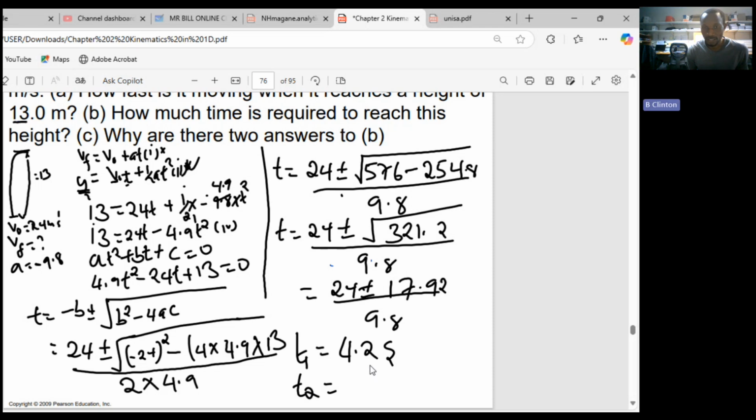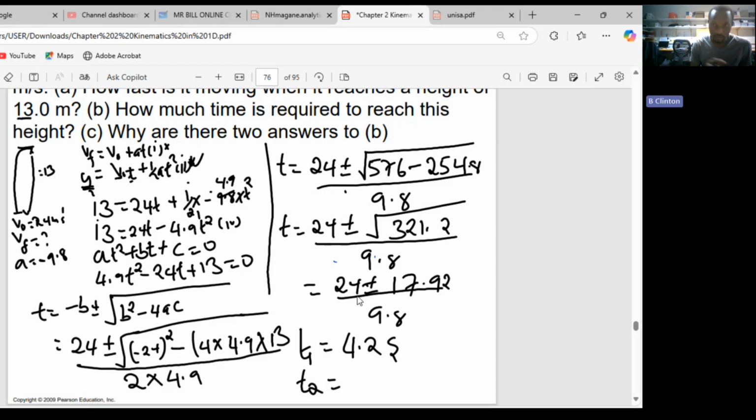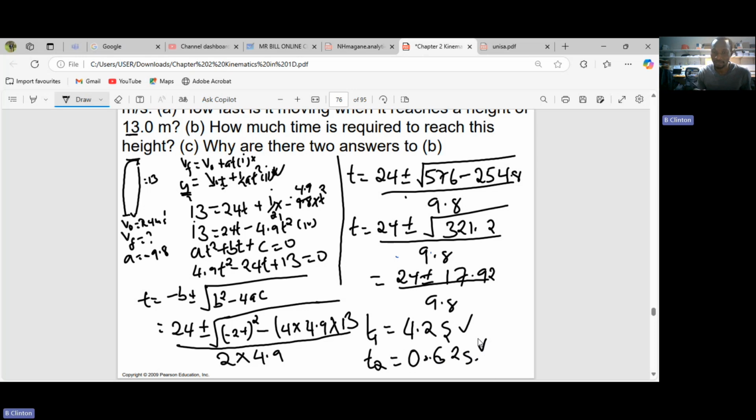For the other one, we subtract in this case and say 24 minus 17.92 divided by 9.8, and that gives us 0.62. So we get 0.62 second. These 2 times correspond to the times in which the ball was moving upwards and downwards.